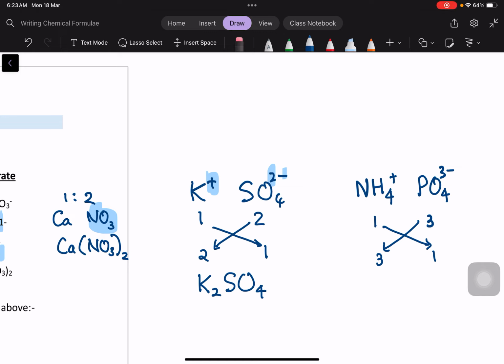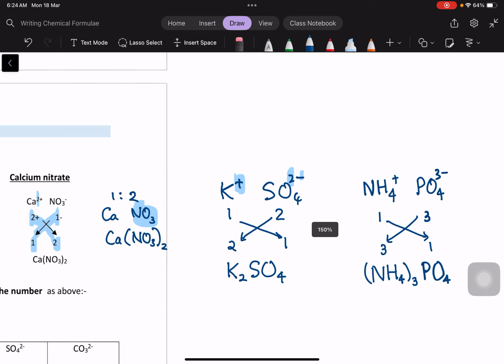So notice that we need 3 ammonium, and because ammonium is more than 1 element, we need brackets, and we need to multiply by 3, and 1 phosphate. If we need to multiply by 3, we always have a round bracket around it, followed by 1 unit of phosphate. Again, no charges will be written after you form the formula.